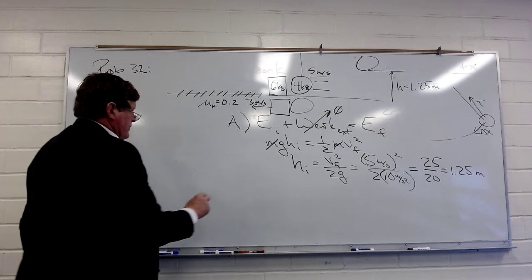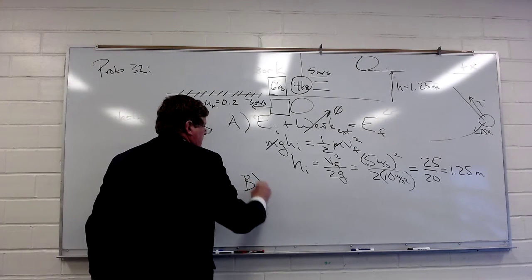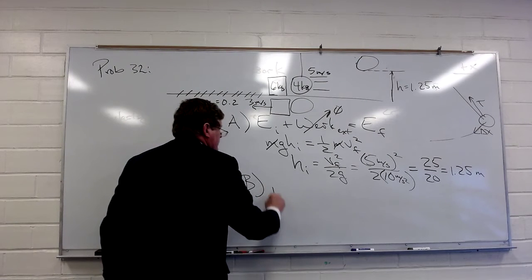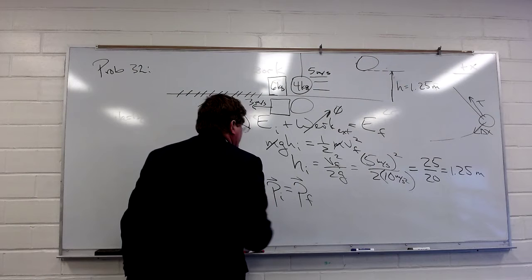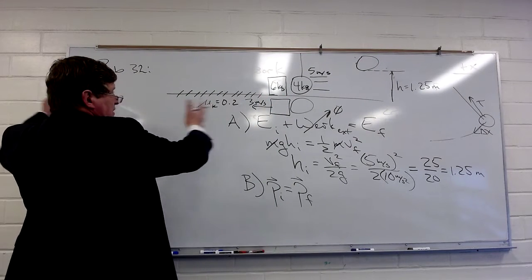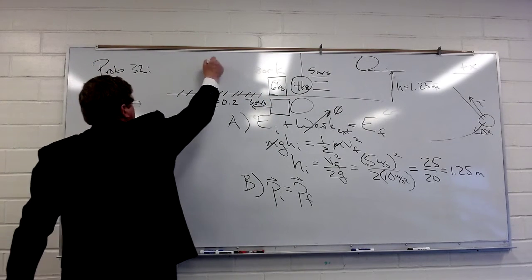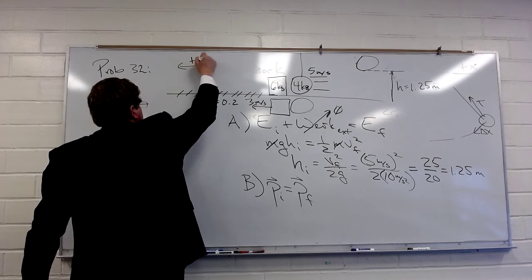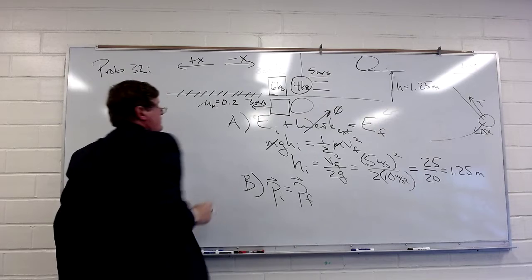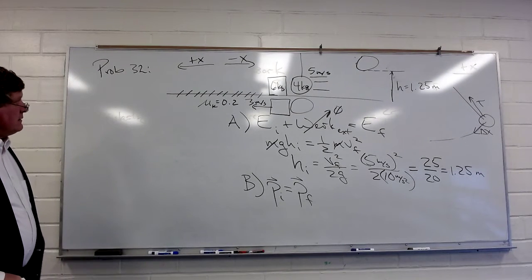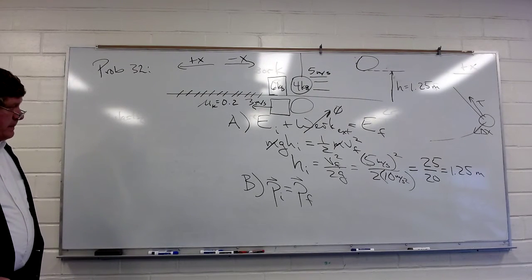Well, this is going to be a collision, so I'm going to use initial momentum is equal to final momentum. Now in this case, a lot of stuff is going to the left, so I'm going to choose to the left to be my positive x direction and to the right to be my negative x direction. I get to choose every time I start a problem.